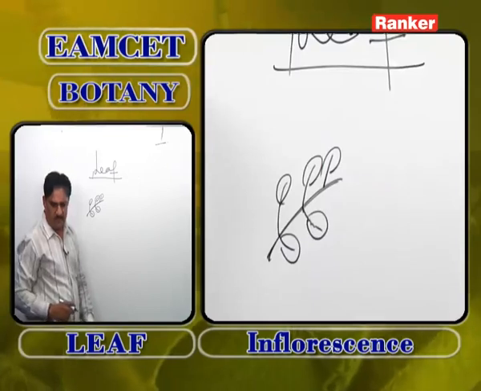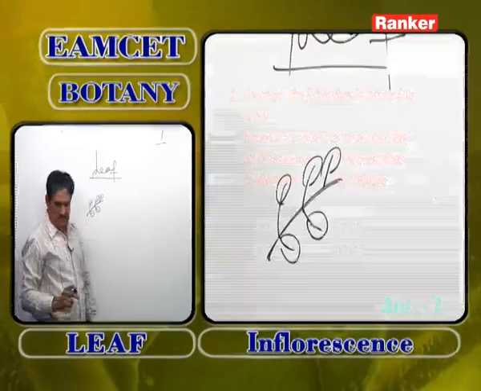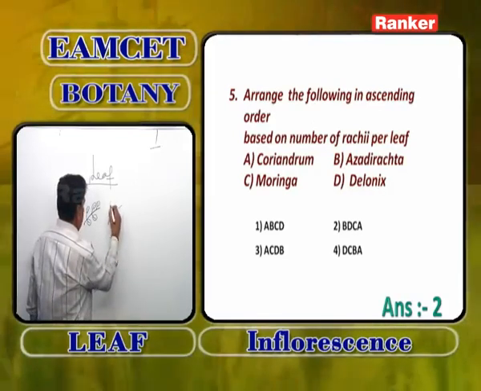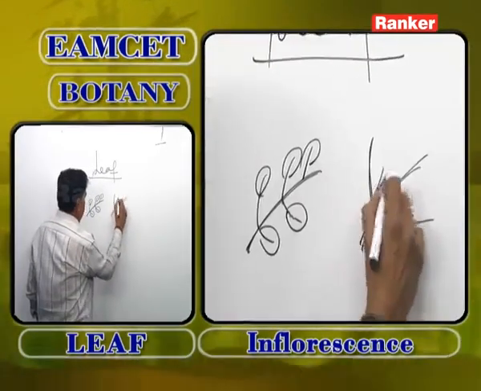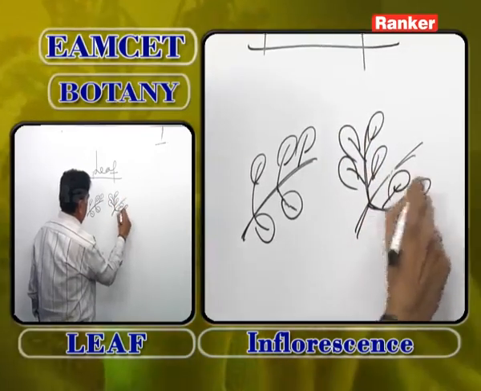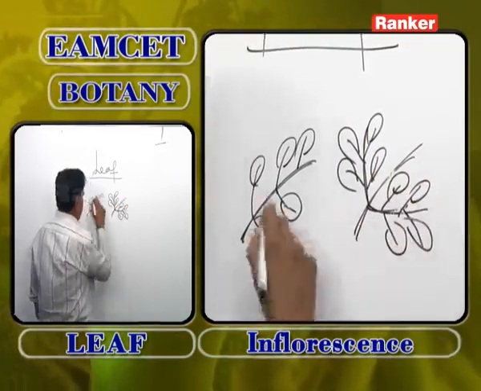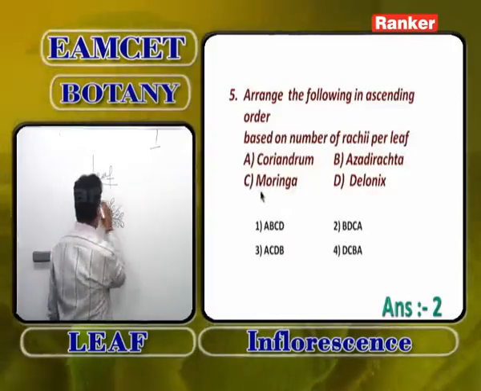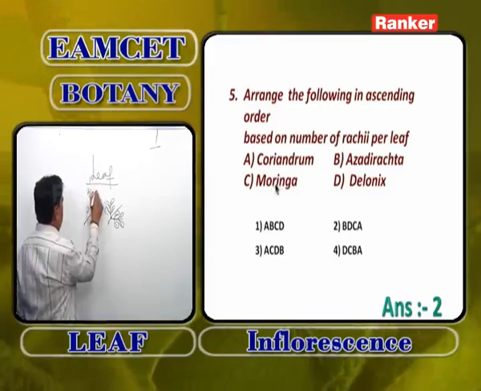Then second is D, Delonix. In Delonix, the primary rachis produces secondary rachis. On both sides of the secondary rachis, leaflets are arranged. Next is C, Moringa. So this is Azadirachta, neem.